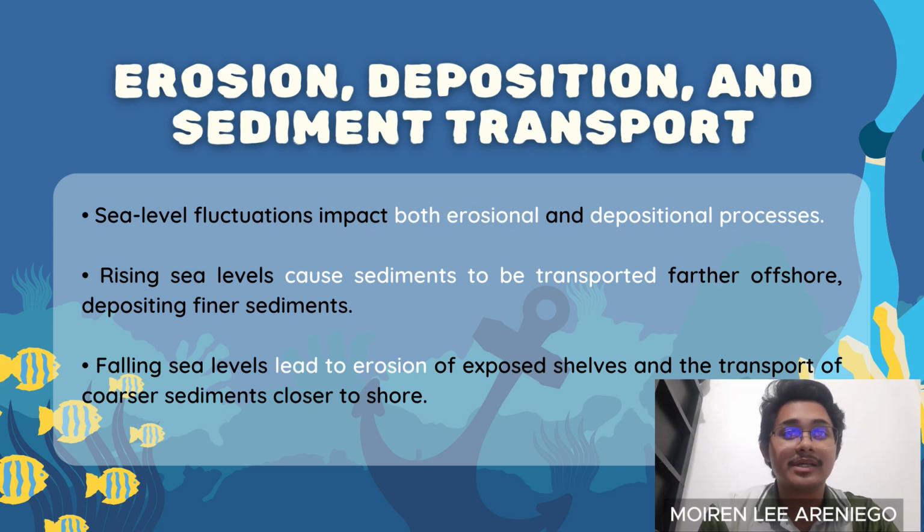The alteration in sea levels plays a big role in shaping the stratigraphic architecture of shelf sediments. When the sea level rises, it causes sediments to be transported farther offshore, depositing finer sediments. And falling sea level leads to erosion of exposed shelves and transport of coarser sediments closer to the shore.